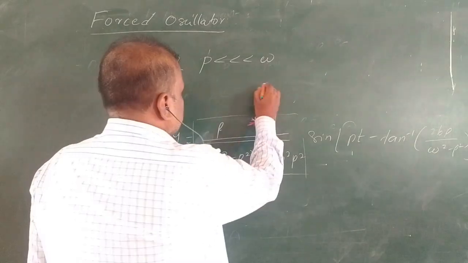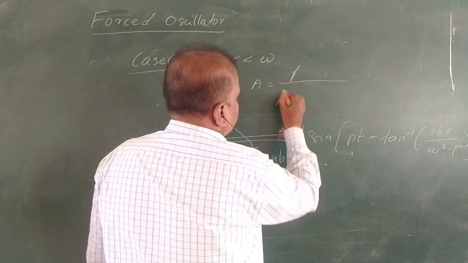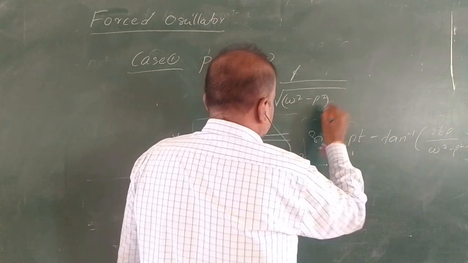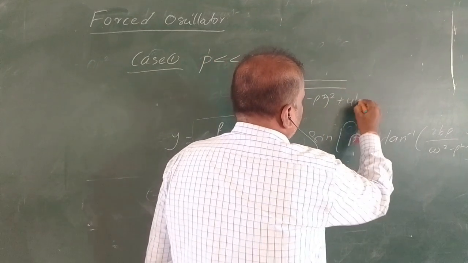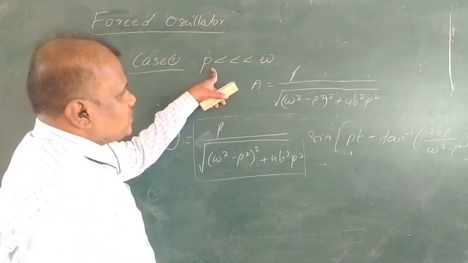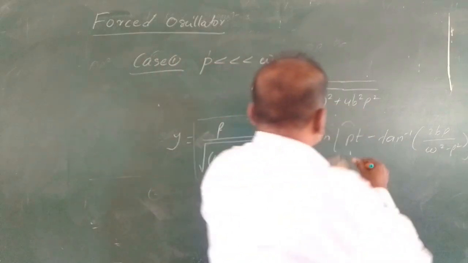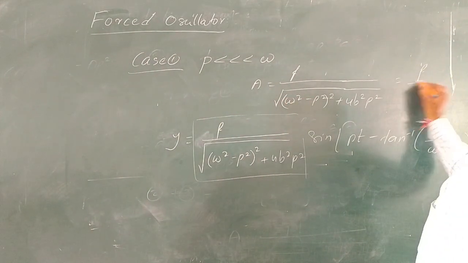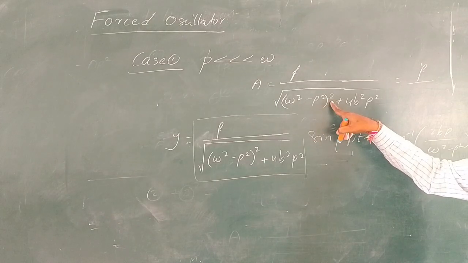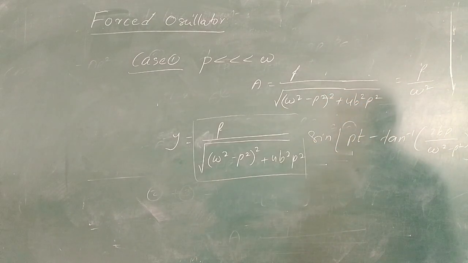The amplitude is f divided by the square root of (omega square minus p square) whole square plus 4b square p square. Neglecting p square, you only have f divided by the square root of omega to the power of 4, which is just omega square.